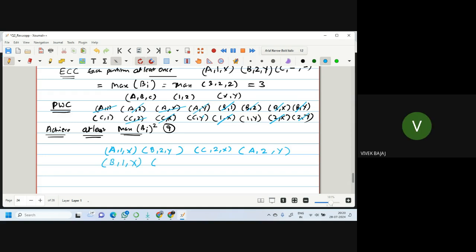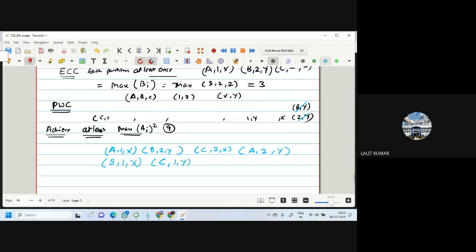Or C1Y only, that covers everything. C1, C1Y, CY. I think we have 6. We need 9. 1, 2, 3, 4, 5. No. We have made some mistake somewhere.